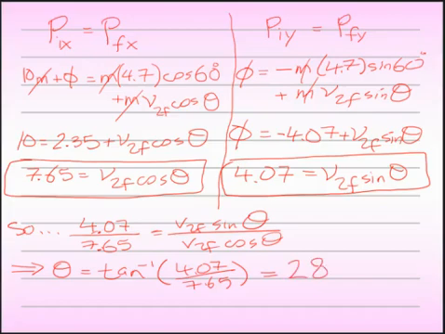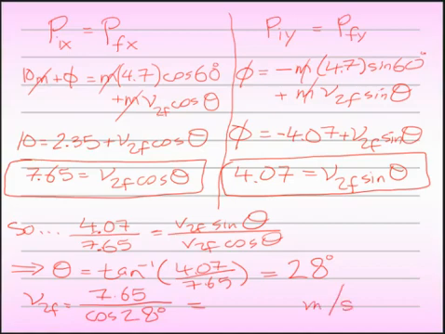28 degrees. And for v2f, I don't really care which one, this one or this one. We used sine before. Let's just use cosine now for a change of scenery. So v2f equals 7.65 divided by cosine of 28 degrees. Something in meters per second.